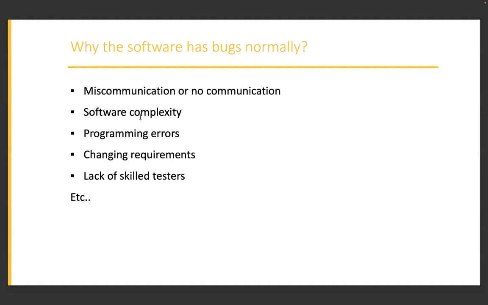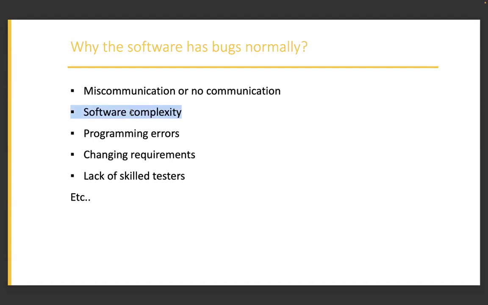Obviously, some of the developers are very new to this. Let's say they do not have enough exposure or experience, so they are not able to understand the complexity of the software, guys. Let's say the flow charts, the flow diagrams, data flow diagrams, everything is available, but still there are some flows they are not aware of.